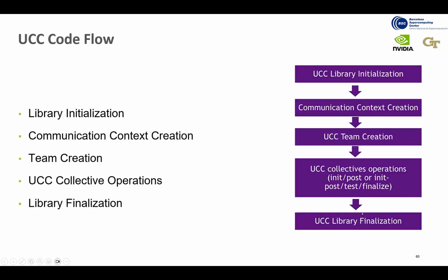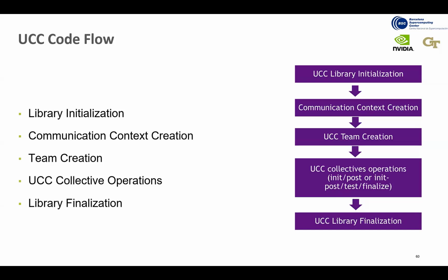So the UCC code flow, and this is again just to continue the discussion. I mentioned the team creation, the teams and the tasks, but I think it's good to keep in mind the execution flow. So when you start an MPI application, MPI init, MPI will automatically load a component for the collective. In our case, it would be UCC.